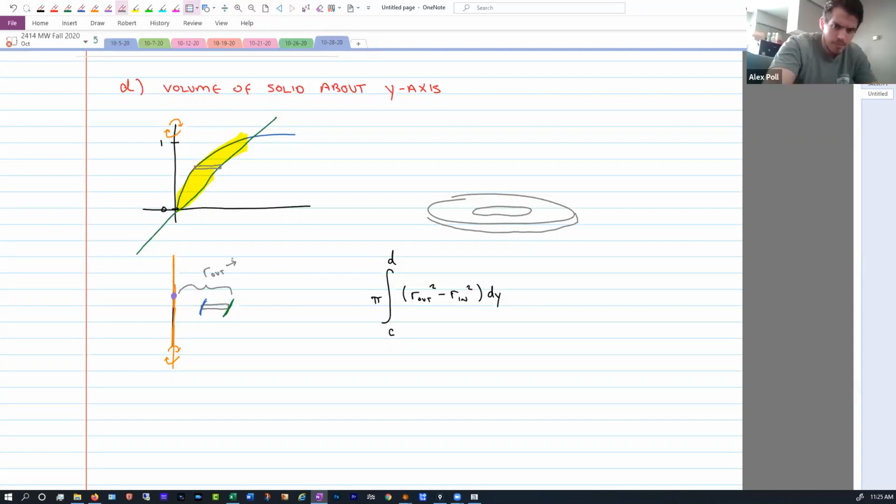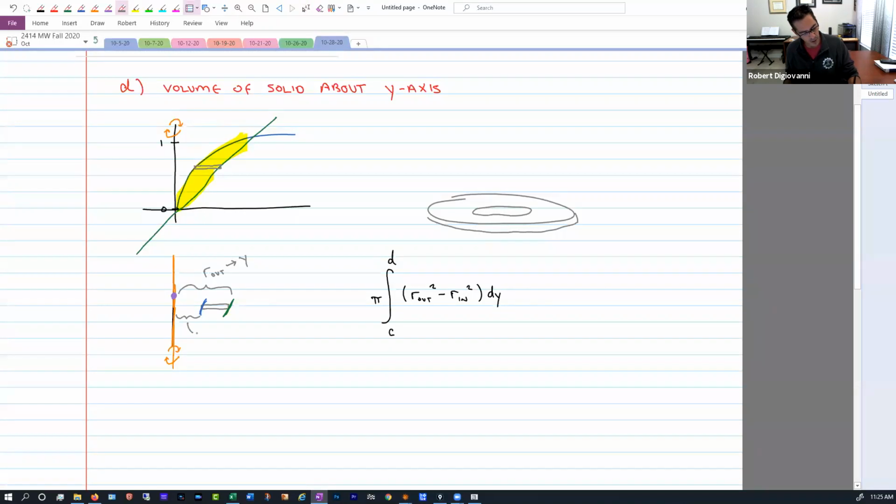Y, right? So it's not X because everything's turned sideways now, right? We're doing horizontal stuff. So we're going to do everything in terms of Y. So this is going to be Y. And then the inner radius is the blue one. And for us, that's what? Y squared.